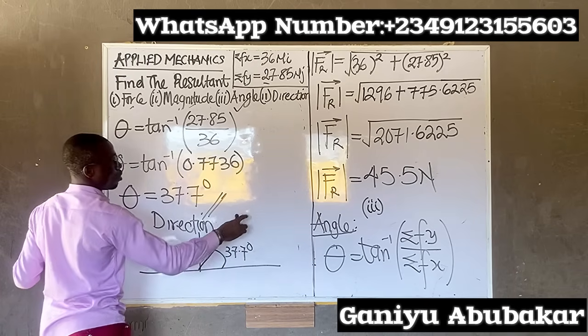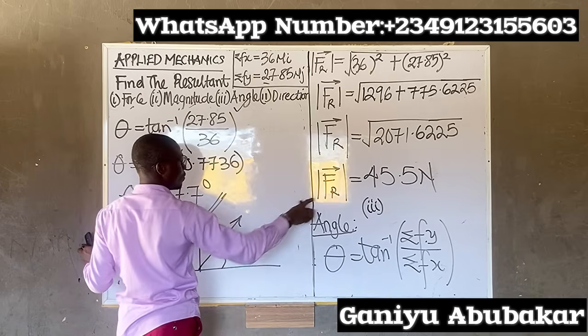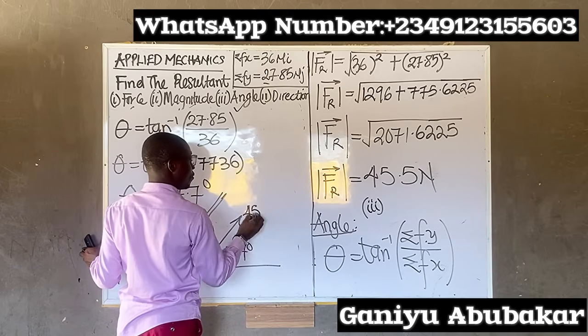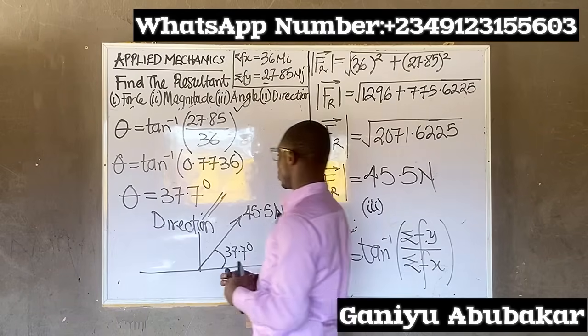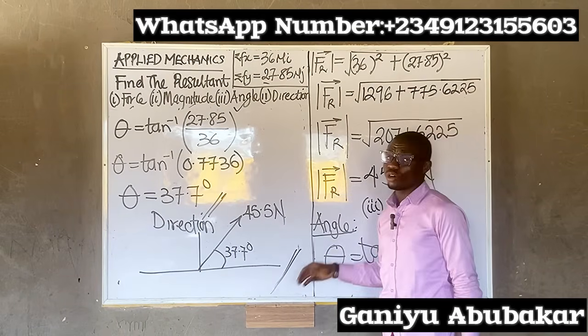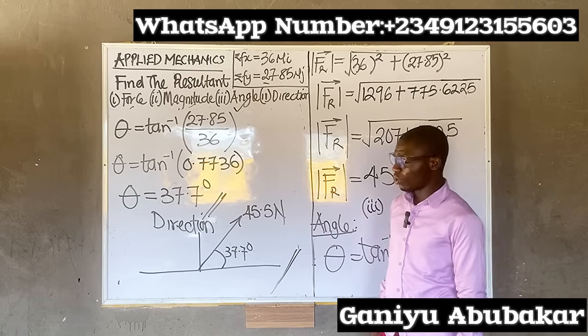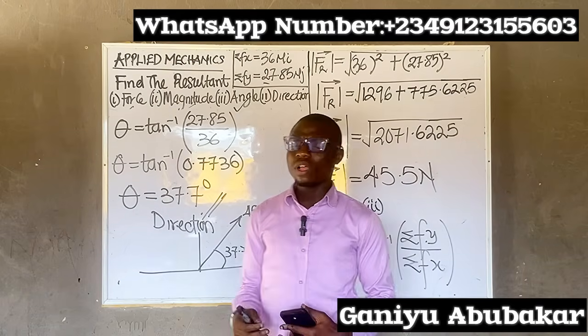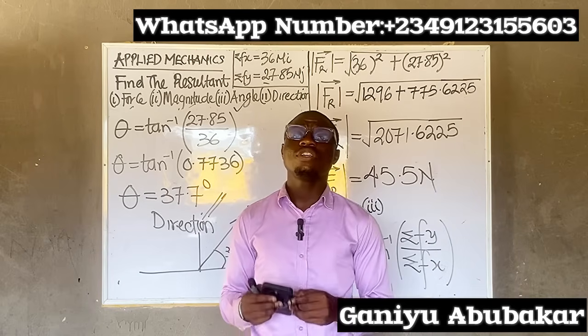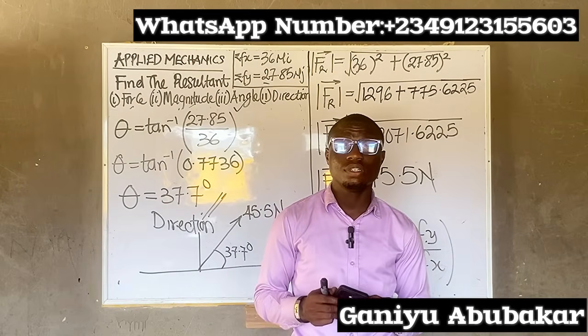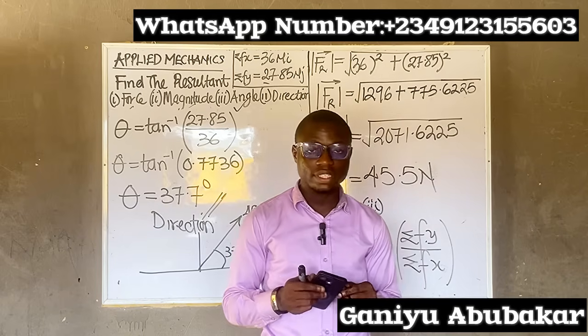And the force here is the resultant force. That's the value, 45.5 Newton. This is my direction diagram. This is how you solve this particular question using the concept of resolution of vectors in 2D. See you guys in our next video.